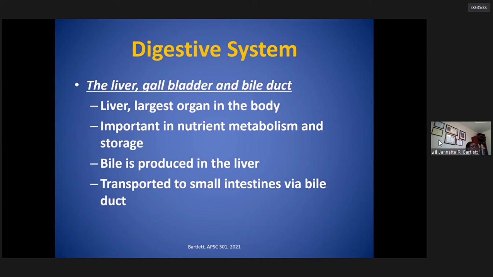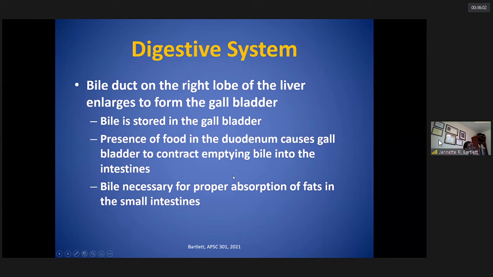Bile is not produced in the gallbladder. It is stored in the gallbladder, but it is produced in the liver. I just want to point that out so that students don't make the same mistakes every year. So bile is produced in the liver and transported to the small intestine by way of the bile duct.